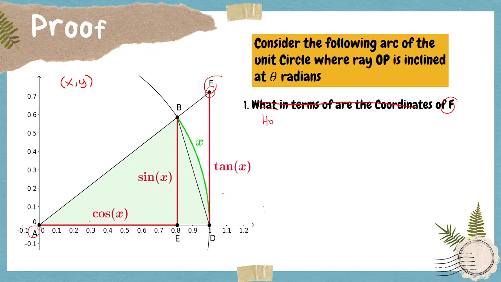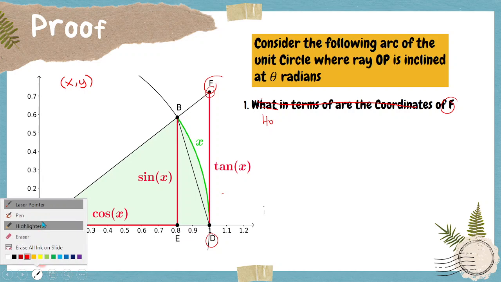Meaning, from A to D, the length of that is the x. Look from A to D, the value is 1. So, this is the x.